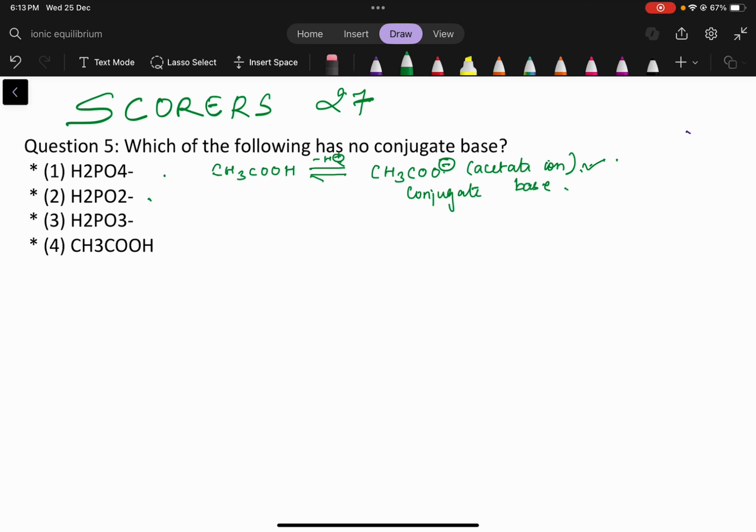Now let's analyze the first one, H2PO4 minus, right? To analyze this, let's first draw the structure of H2PO4 minus, that is dihydrogen phosphate.